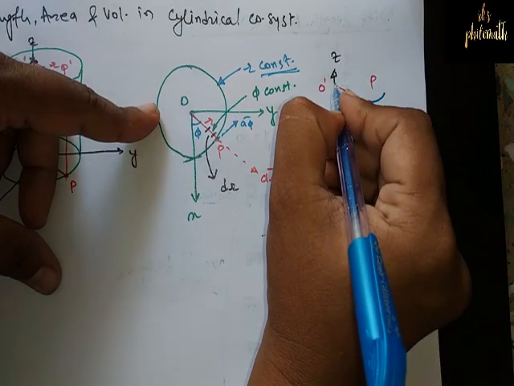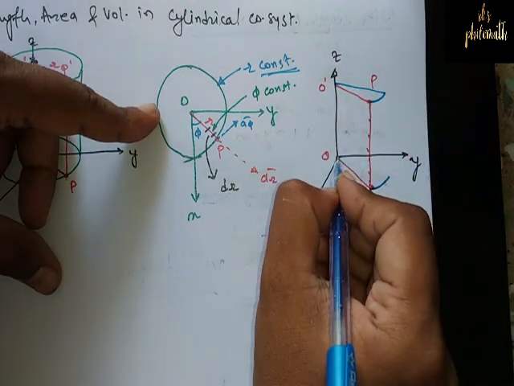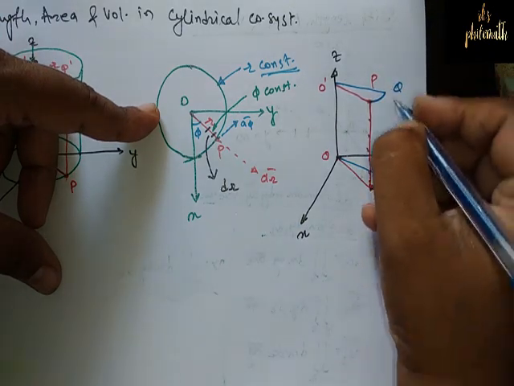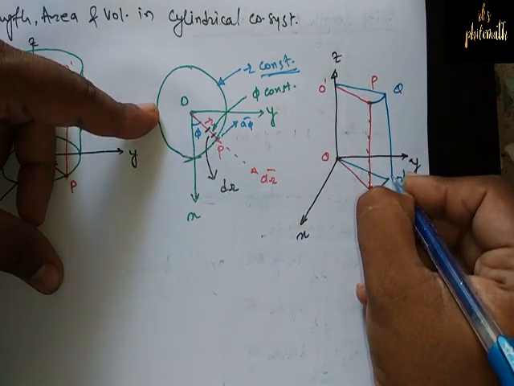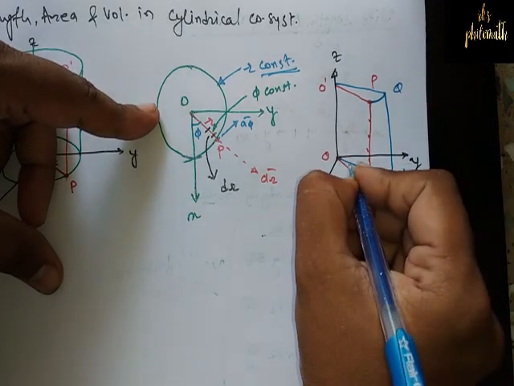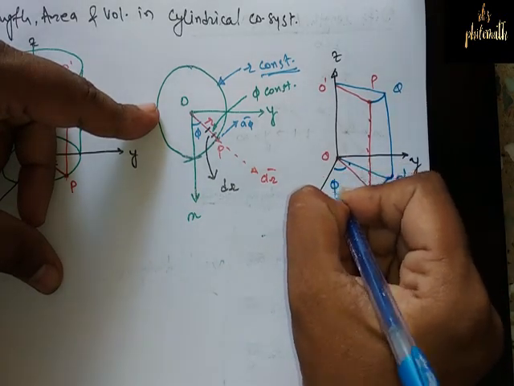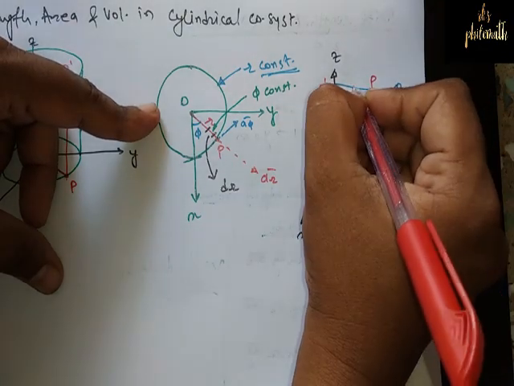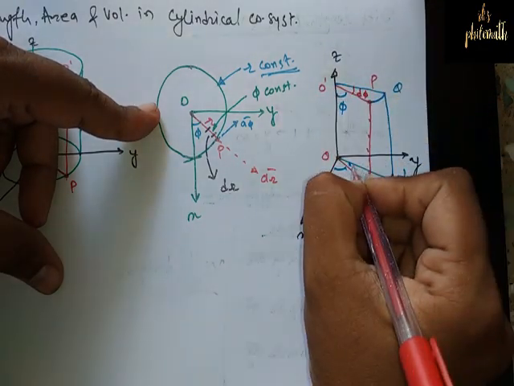Connect this point. This point is Q and this point is Q dash. The angle, this is phi. So we can say this is d phi.